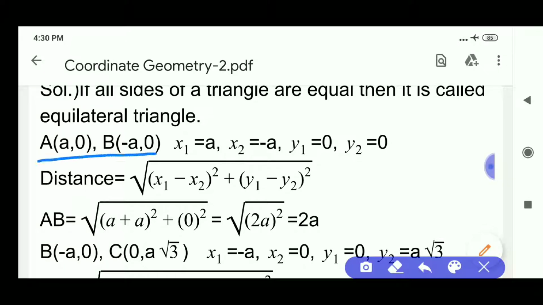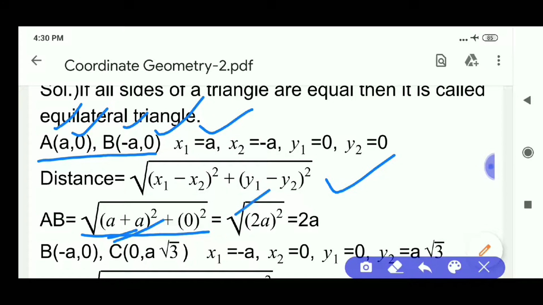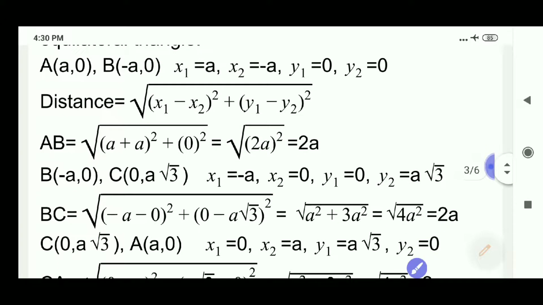Take A and B: x1 is a and x2 is minus a, y1 is 0 and y2 is 0. Substituting in the distance formula, very simple, we get root over 4a square. The square root and square will be cancelled, and you will get its answer as 2a.